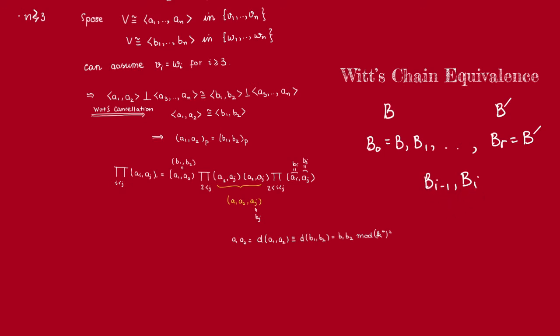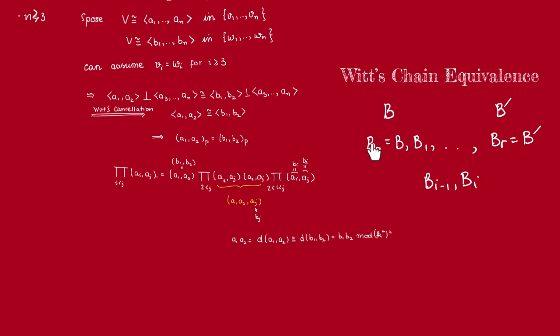Now how is this related to our proof? Suppose that we can show that the Hasse symbol defined with respect to one basis doesn't change when we change the basis by just two elements. That means that for any two consecutive bases in a chain, the Hasse symbol defined with respect to one of them is the same as the Hasse symbol defined with respect to the other one.